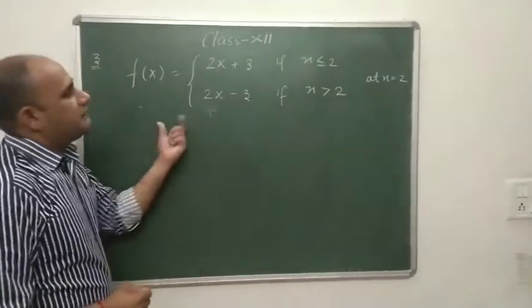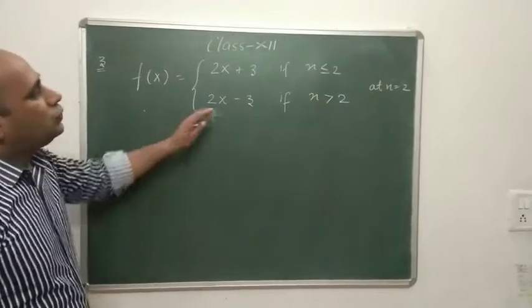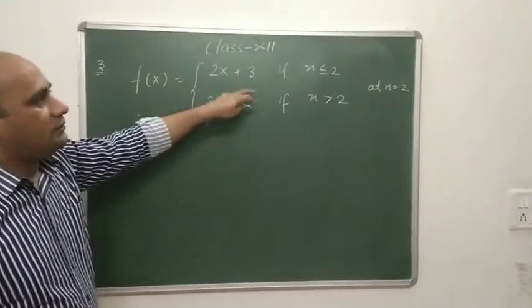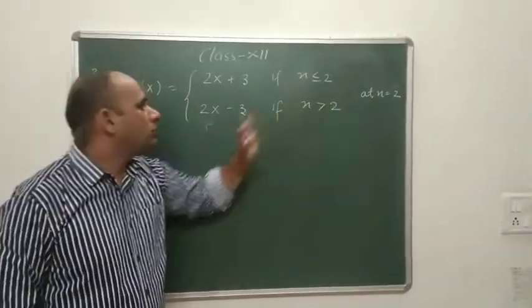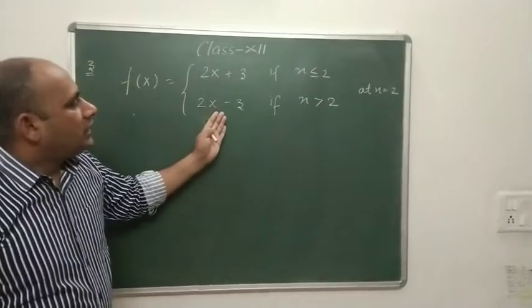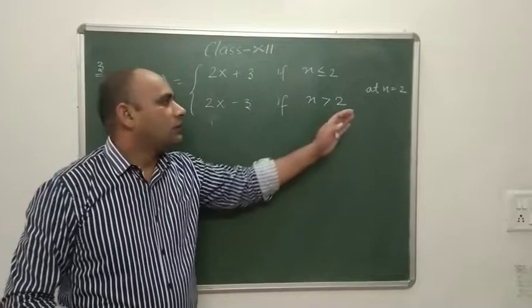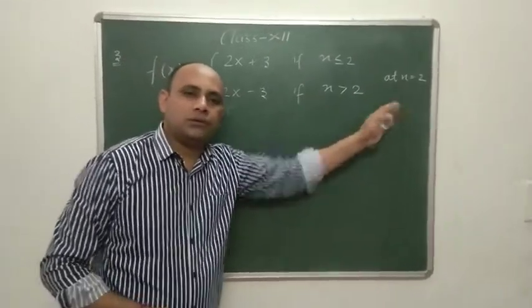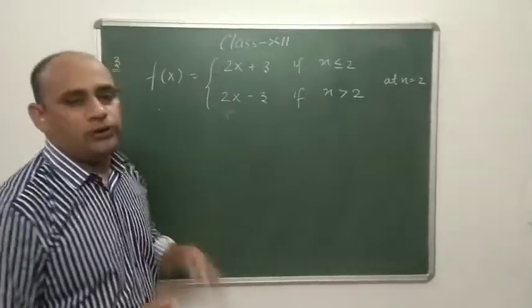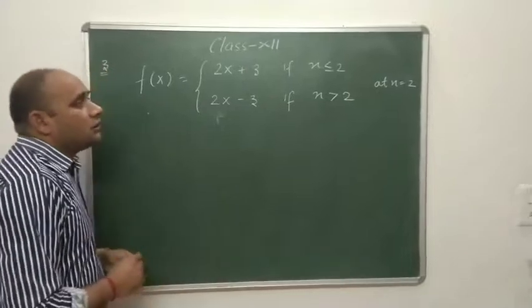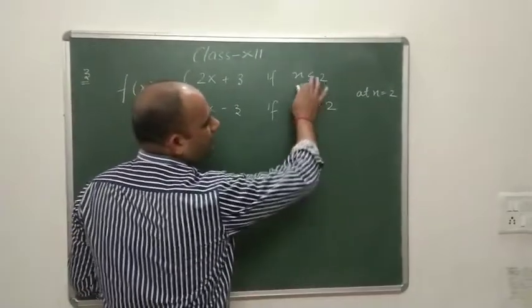In the next example, a function is 2x plus 3 if x is less than or equal to 2, and 2x minus 3 if x is greater than 2, and at x is equal to 2 we want to check its continuity. So it is the case of inequality.